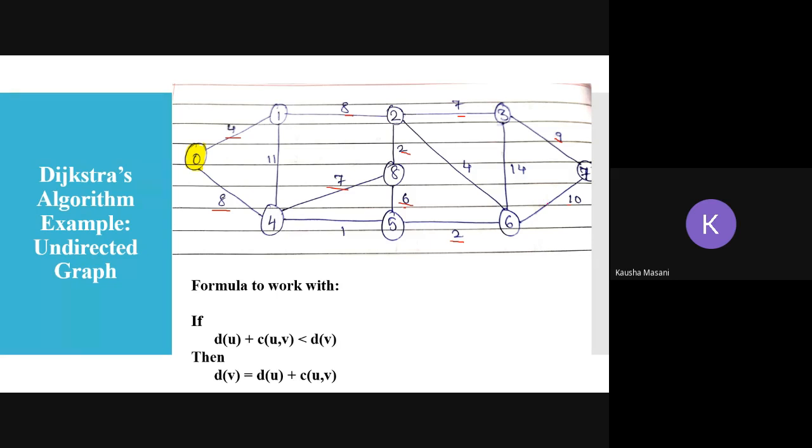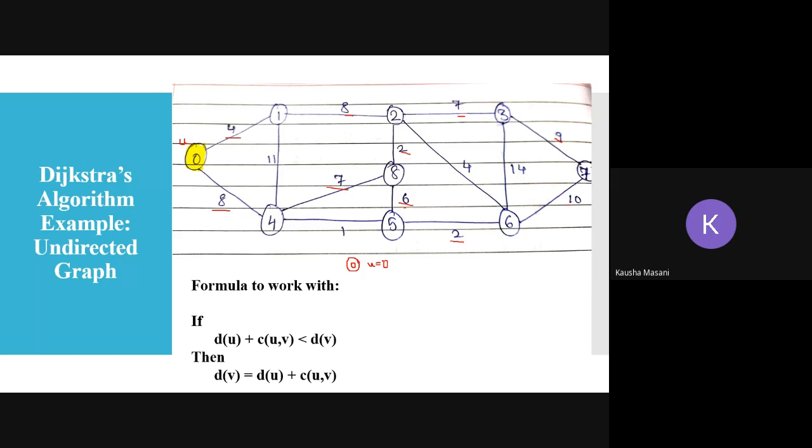Okay. Now introduction to each of the terms. Please listen to me very carefully. What is your U? Source. So U is going to be the vertex value here. I am going to start from vertex 0, so U is going to be 0. What is your V?